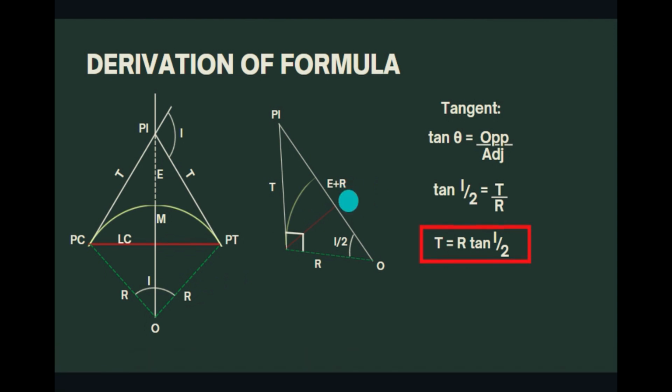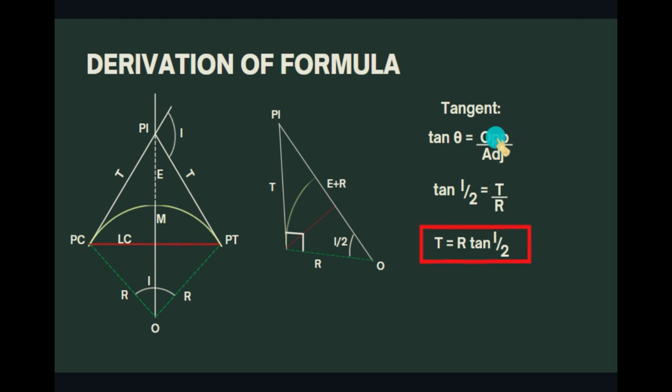The angle at this point is 1/2 of the central angle, which is I over 2, or 1/2 of the angle of the intersection. So we can now compute the tangent by using the trigonometric identity of tan, or we will just remember SOHCAHTOA, and tan theta is equal to opposite over adjacent.